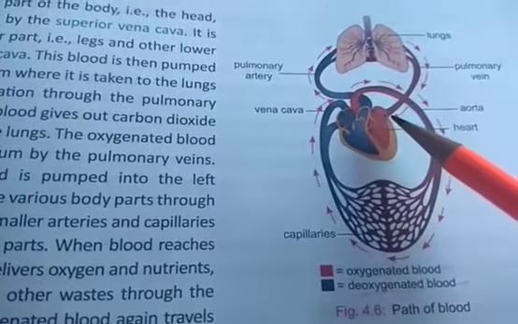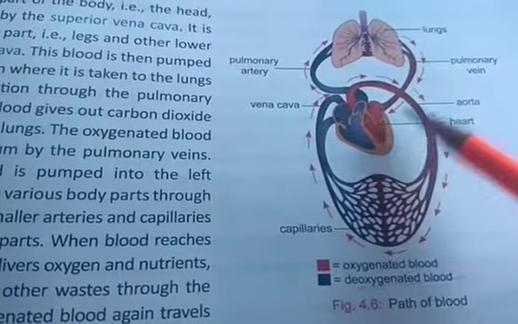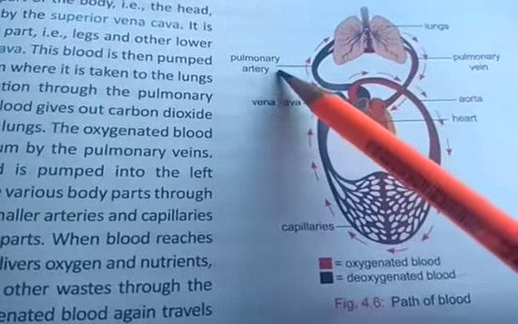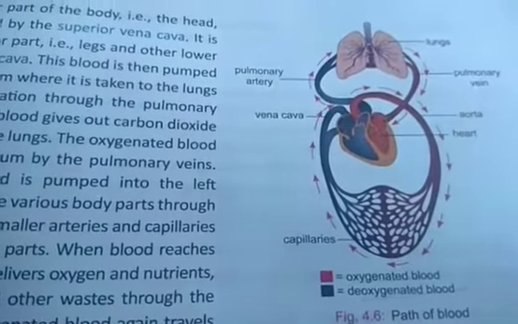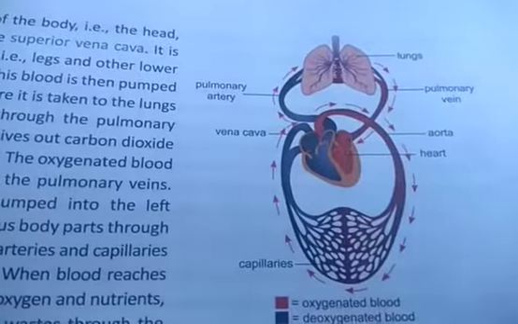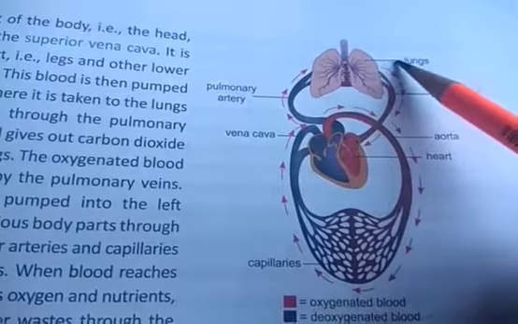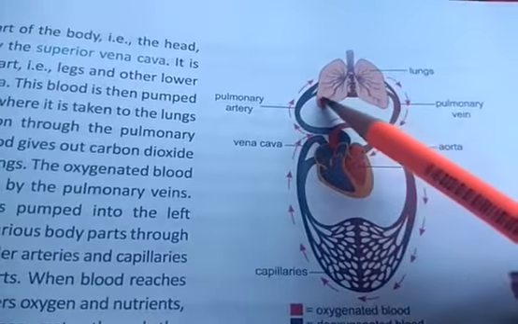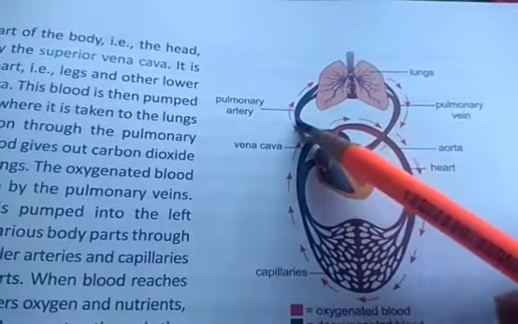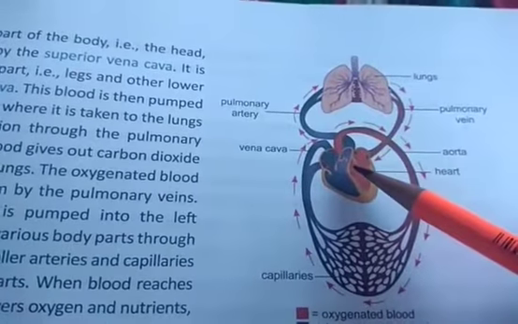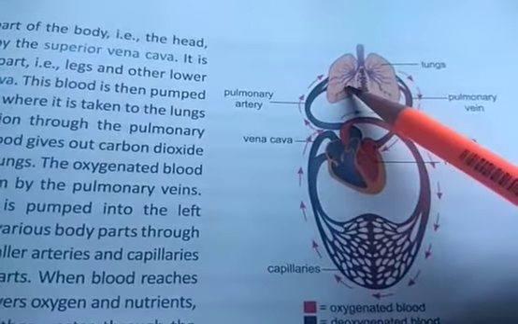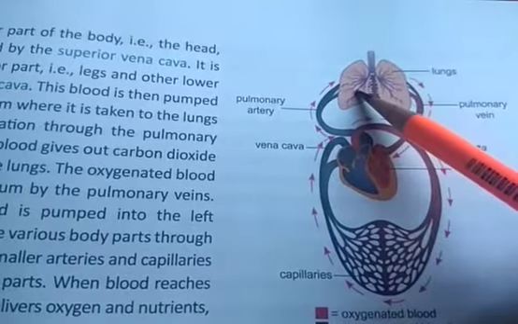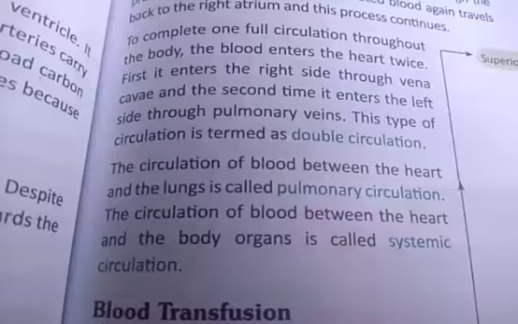So students, here you can see the distinction between the artery and veins, and pulmonary artery and pulmonary veins. Now students, the blood circulation between the lungs and the heart, which is present between the heart and the lungs, is called pulmonary circulation.